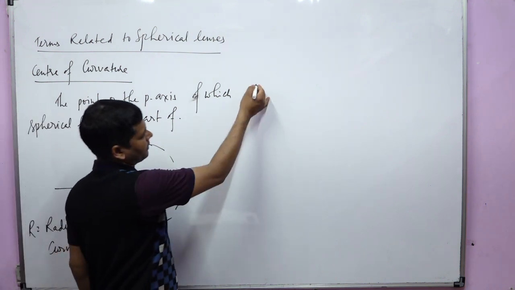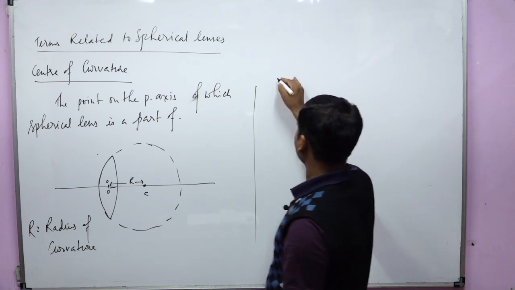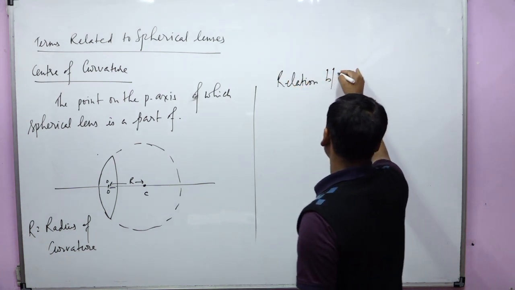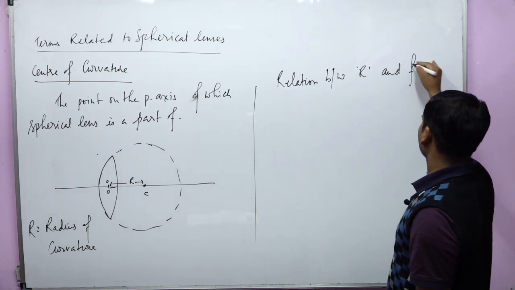Now, a very important thing that we have is the relation between radius of curvature and focal length.